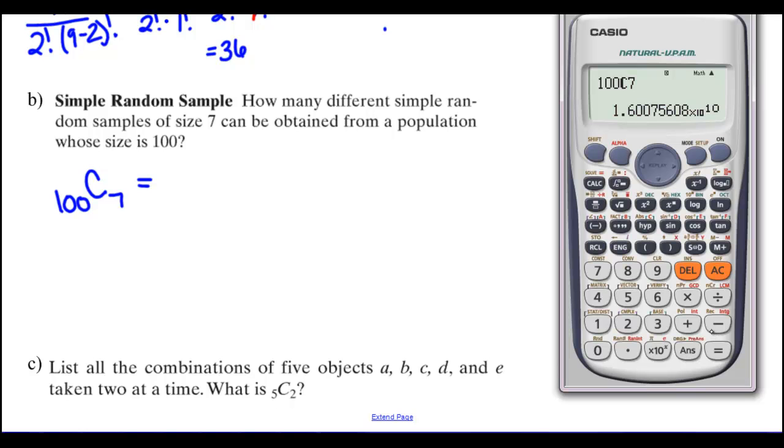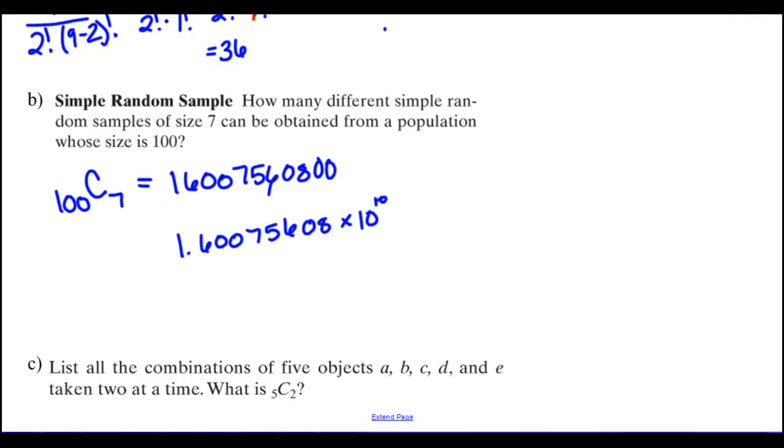So 100 choose 7 is going to give us this huge number. All right, so let's talk about this huge number. This is what our calculator spits out: this 1.600, this nice long decimal, times 10 to the 10th. Well, what this means is to move your decimal 10 spaces to the right. So if we're here, and we want to move 10 spaces to the right: 1, 2, 3, 4, 5, 6, 7, 8.